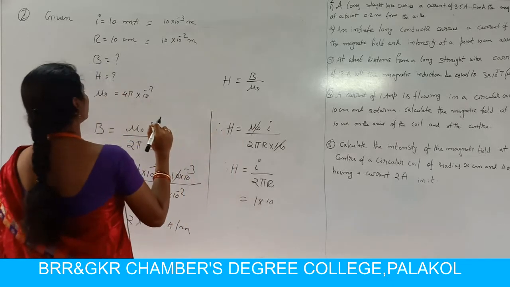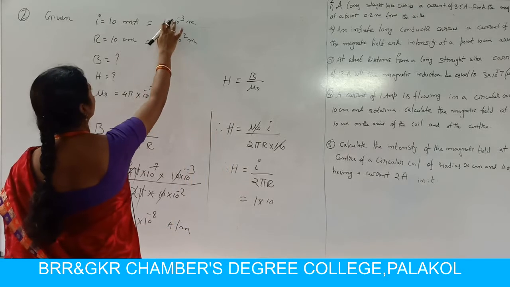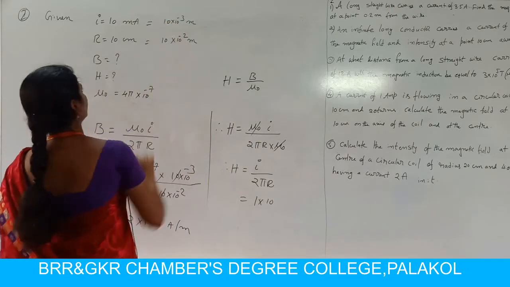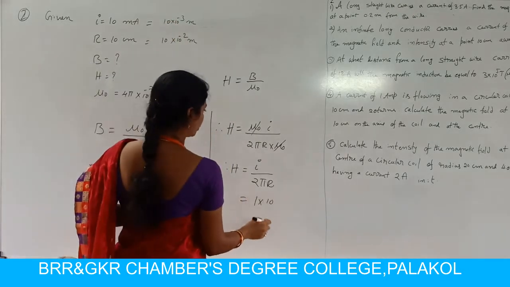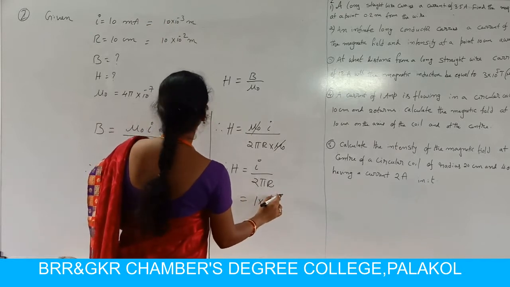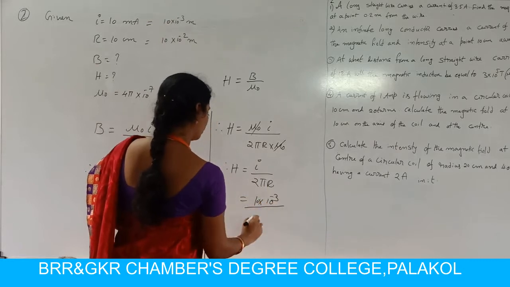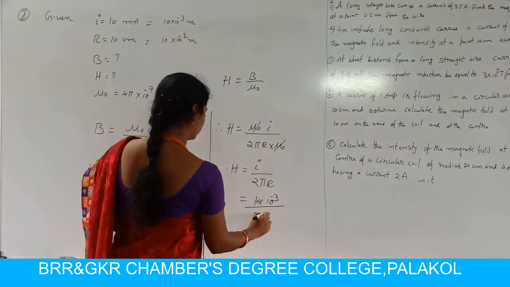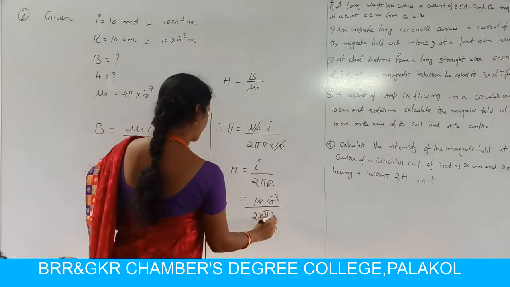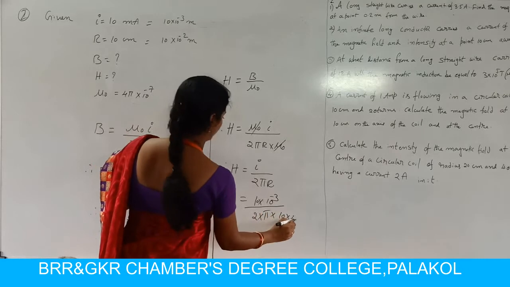Sorry, I write this as 10 into 10 power minus 3, which is right, and also 2 into pi value as it is, and the r value which is 10 into 10 power minus 2.